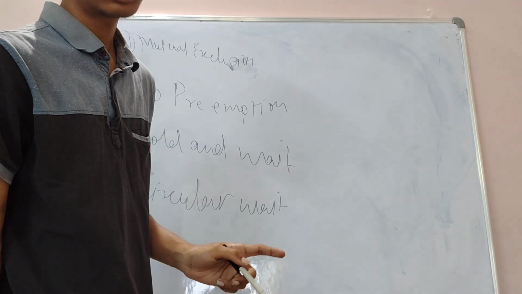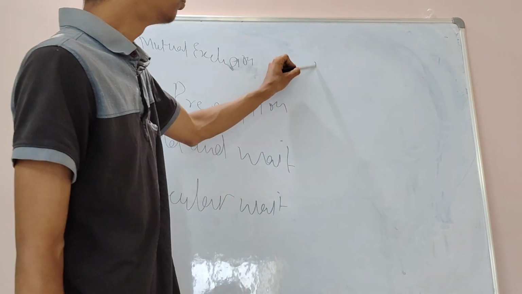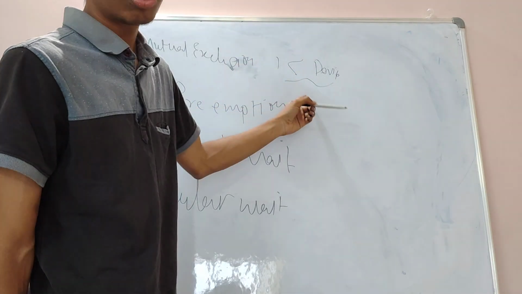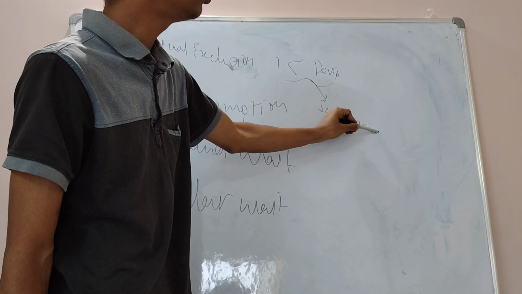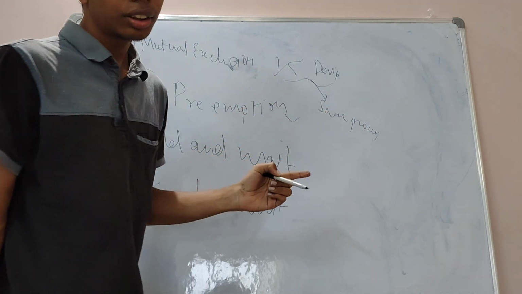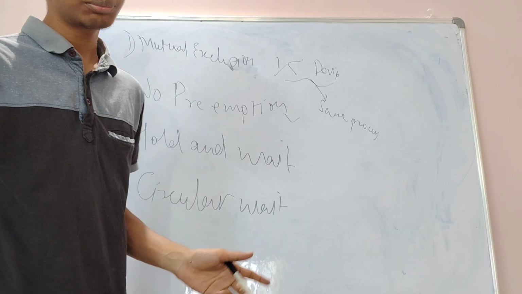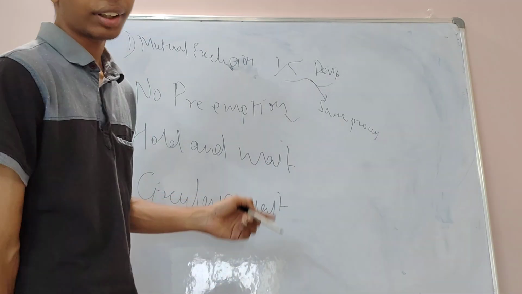Now, whatever resource you use must be used in mutual exclusion. It means more than one device cannot use the same resource at the same time, right? That is my mutual exclusion. Now preemption means all resources must be used by devices in a mutually exclusive manner, one by one.